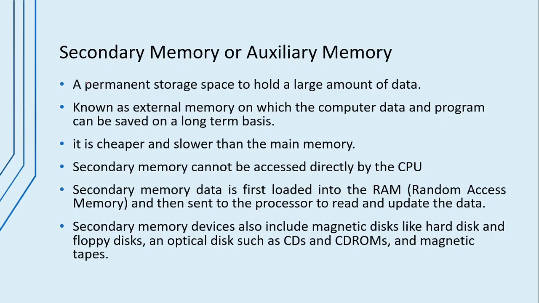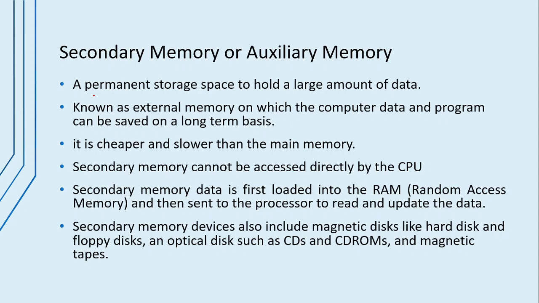Sometimes secondary memory is also known as external memory. Secondary memory is cheaper and slower than the main memory. Secondary memory cannot be accessed directly by the CPU.